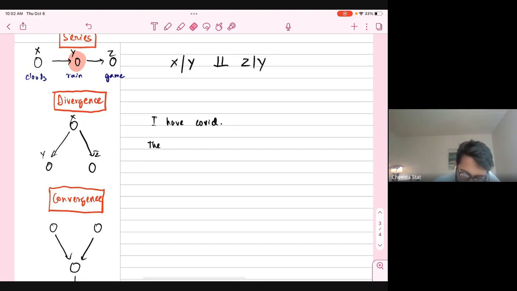Can you think of an example, guys, of this structure?